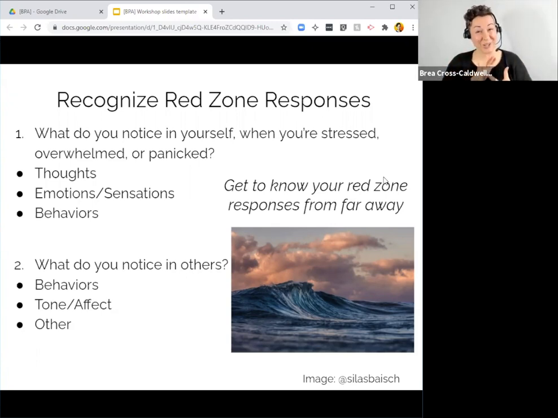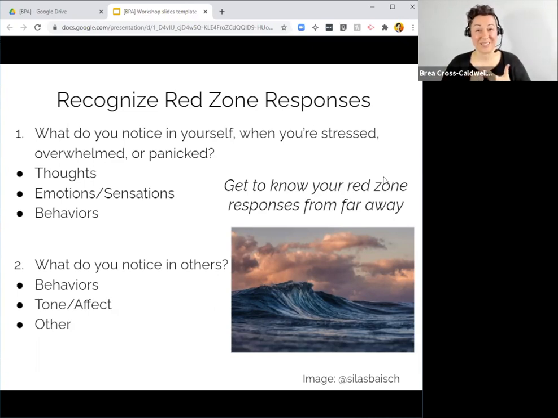You may notice that you have the flee response, the flight response. So you may notice that in a difficult situation, you just want to get out of there. You just want to run away. You just want to hide. You just want to be away from the situation.